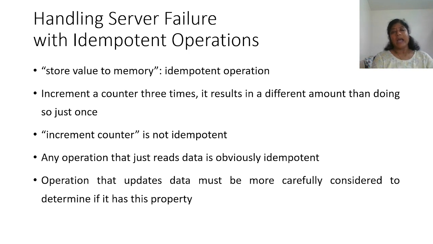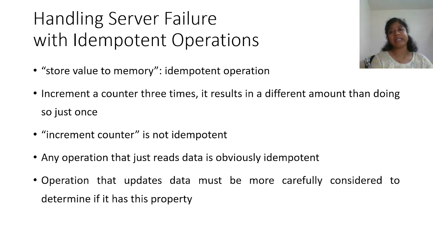As we have discussed earlier, storing the value n number of times to the memory location is an idempotent operation. Considering another instance, suppose we are incrementing a counter thrice. Suppose the counter is at the start 1, then it becomes 2, 3, 4 likewise.